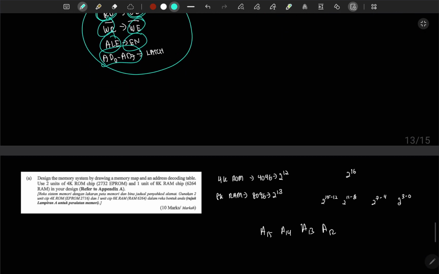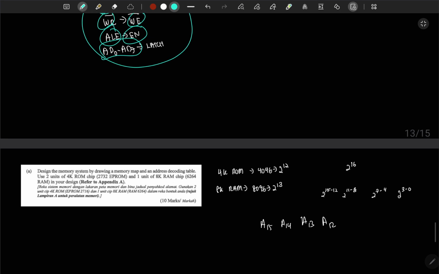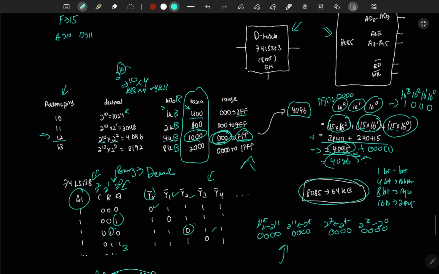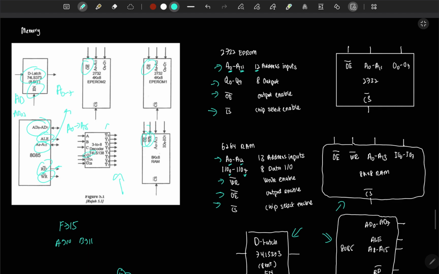Now let us see a question. This question says to design the memory system by drawing a memory map and address decoding table, so we merge it as one. Use 2 units of 4K ROM and 1 unit of 8K RAM. This appendix is here, so we are going to use this exact image and diagram, no need to be confused by the wording.